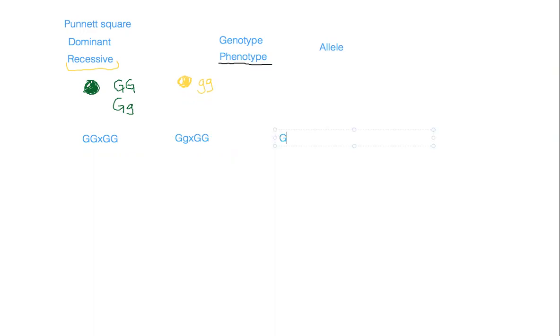Let's just say the third one will be a heterozygous with another heterozygous. It will be a different case.